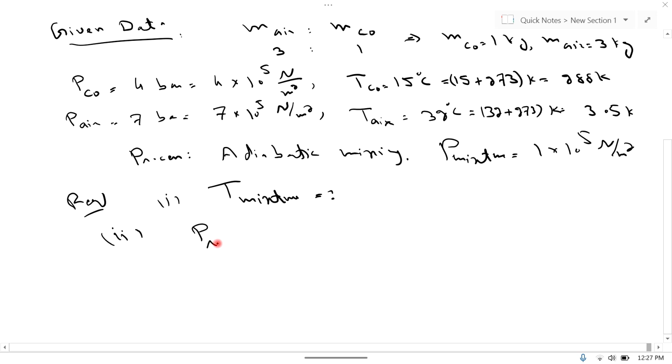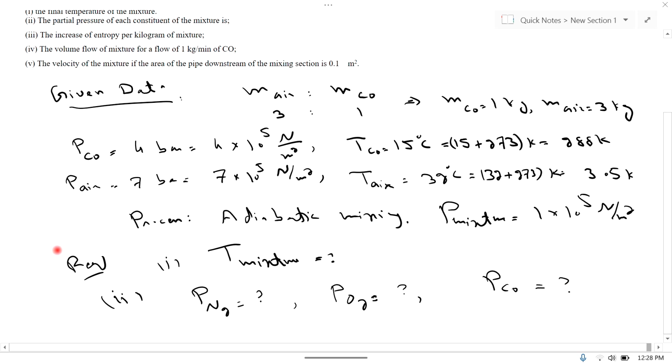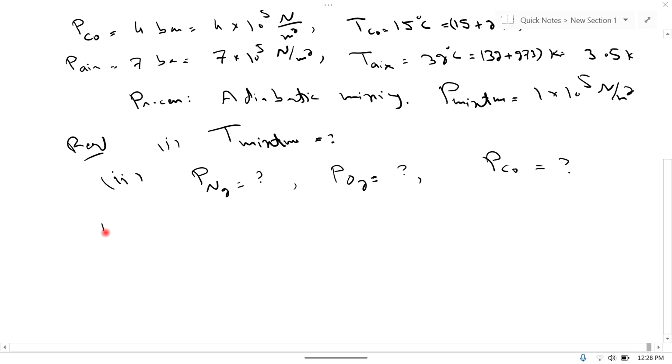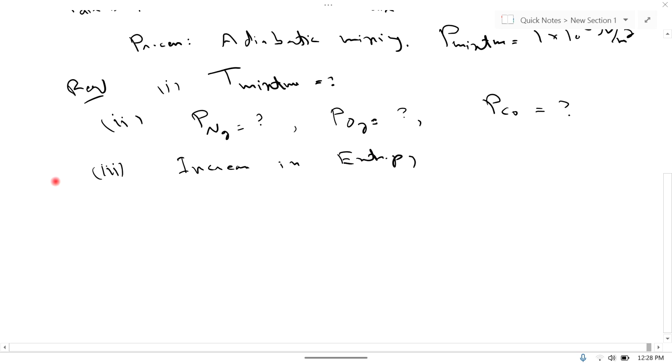It means find the partial pressure of nitrogen, which is available in the air, 79%, and the pressure of oxygen, which is in air, 21%, and the pressure of carbon monoxide. Number 3, the increase of entropy per kilogram of mixture. Number 3, find the increase in entropy per kilogram, which means specific entropy.